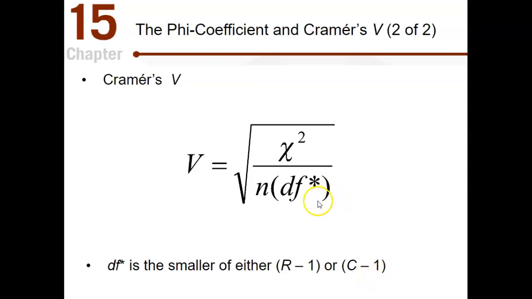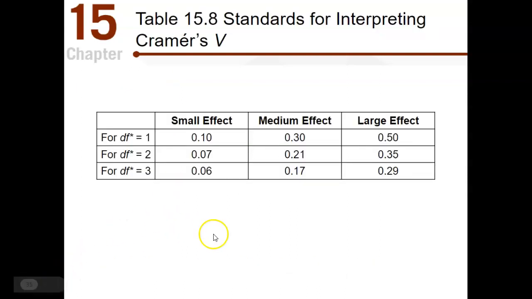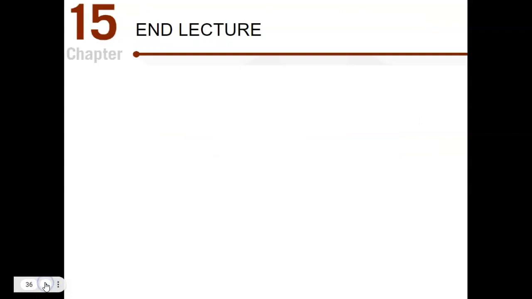We set all that within the square root, so we take the square root of all that and we get this Cramer's V. This ends up being our measure of effect size. And of course, we have a table that will tell you what's considered a small, medium, or large effect. That's how we know, if we do find a significant effect, whether that actually has some practical value to it.